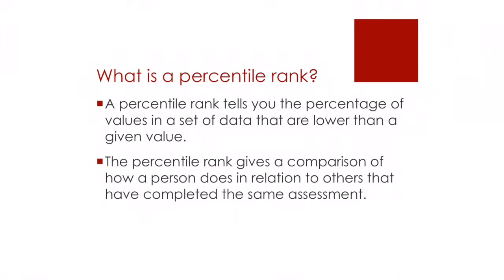A percentile rank is going to tell you the percentage of values in a data set that are lower than a given value. And again, it's going to give you a comparison based on how well a person did compared to others that did the same thing.